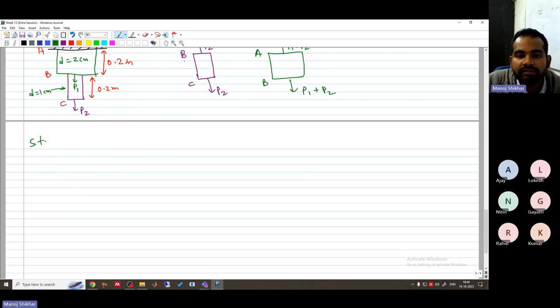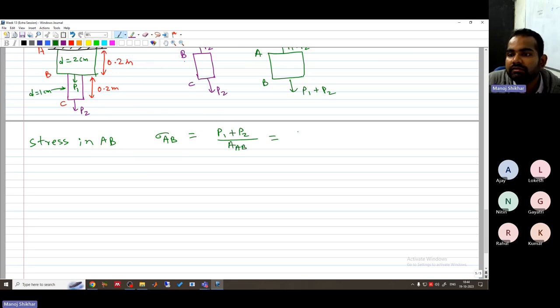So stress in AB, sigma AB equal to P1 plus P2 upon AAB. So this is 1000 plus 1000 into gravity.